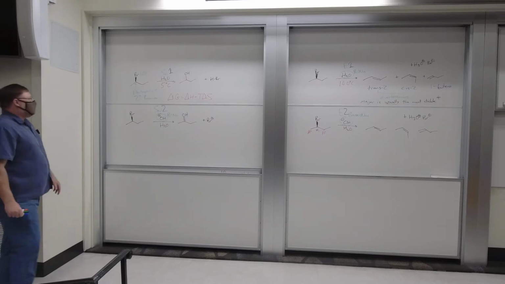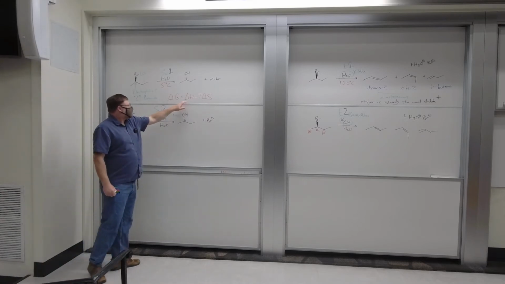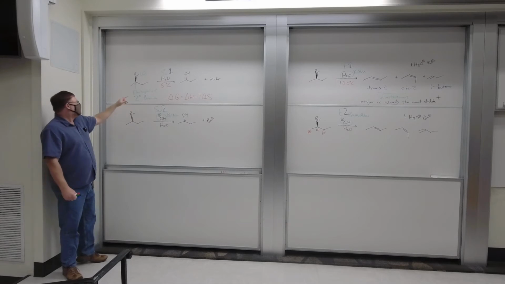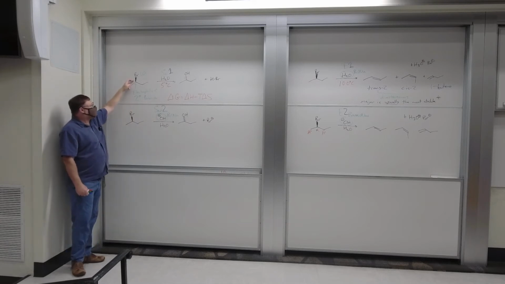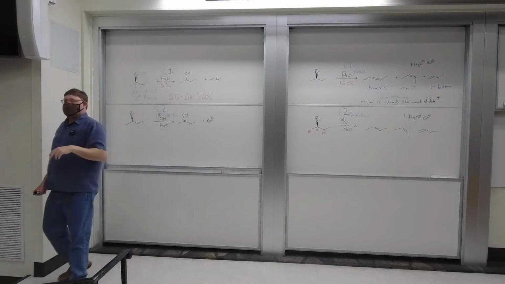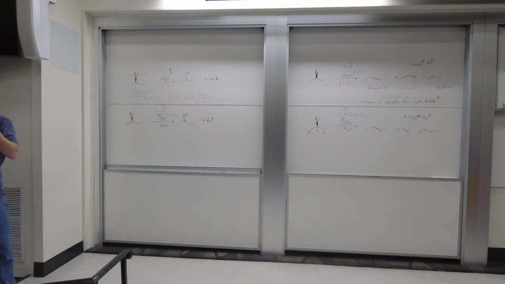Delta H is pretty much looking at bond strength. And in all these reactions, delta H is favorable. The carbon-bromide bond is weaker than the carbon-oxygen bond. So the organic substrate is more stable on the right.